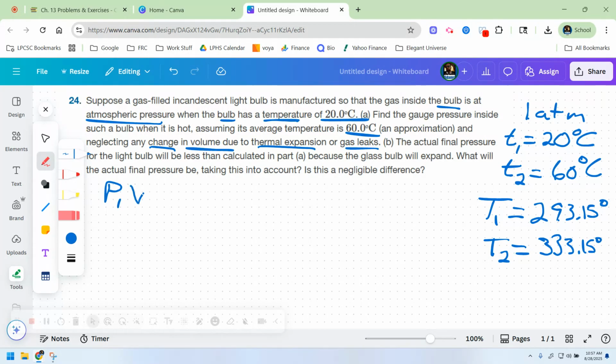P1 times the volume is equal to the number of molecules, Boltzmann's constant, T1, and then the final pressure, P2, times the volume, because they said we're neglecting the change. So let's just start with this and then we'll go and do part A and then part B.